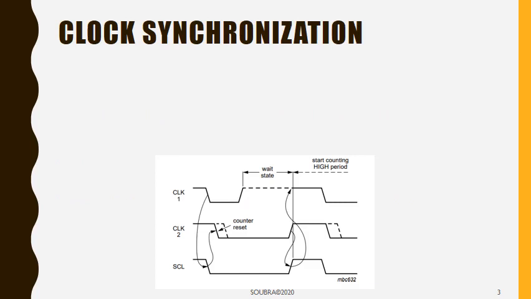All right, so let's see a case study here. You can notice how many masters are represented in this schematic. Basically we have clock 1, clock 2, and the SCL, the clock line of the bus. So we can assume that we have two masters trying to control the clock. What would happen here?